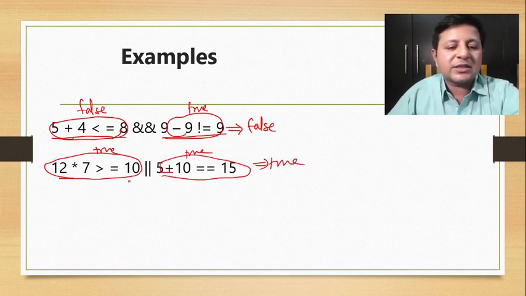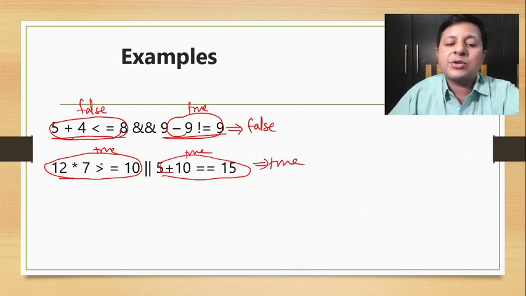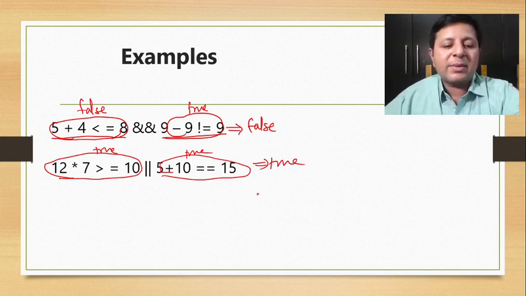Let me twist it a little. Suppose I say let's say 15 plus 10 is equal to 15, which will be false. So this expression would have been false, but still, because there is OR in between and one of the side is true, it is obviously going to give you true. Understood?